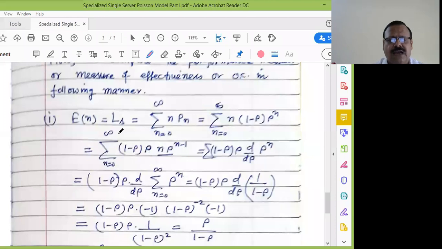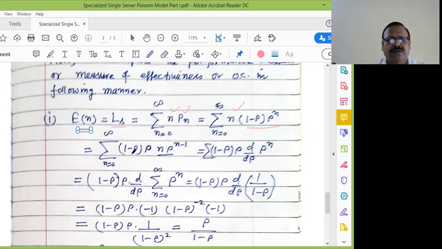LS is what? LS is the expected number of customers in the system. Either you write EN, or you write LS, and I have applied the same formula. This is the variable, this is the probability. Xi ranging from 0 to infinity, and then n is here, and Pn is this value. This is rho^n, this is rho.